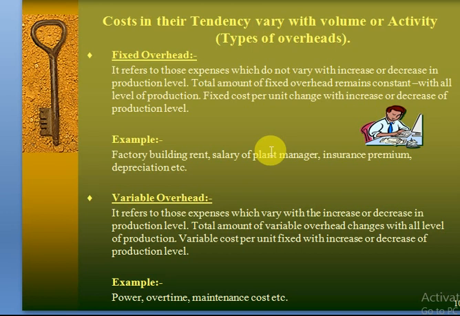So as production is increased, production cost is increased from 50 to 500, while per unit cost remains the same, $5. So this type of overhead cost is called variable cost. Examples of variable cost are power, overtime, repair and maintenance, material cost, and so on.